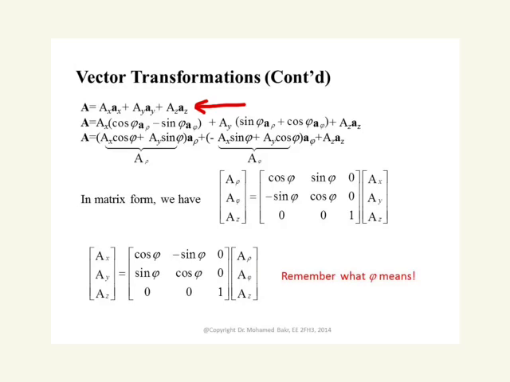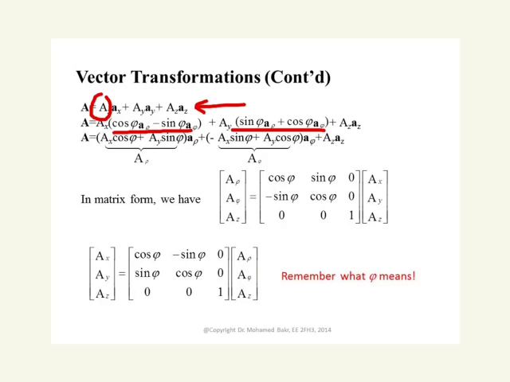Of course, if Ax is a function of x, y, and z, I will also convert it as a function of rho, phi, and z, but this is a conversion of a function, not of a vector. And what I did, I took the unit vector in the x direction and expanded it in terms of a rho and a phi, as shown here. And then I expanded the unit vector in the y direction in terms of a rho and a phi. And then I collect all the terms related to a rho, a phi, and az.